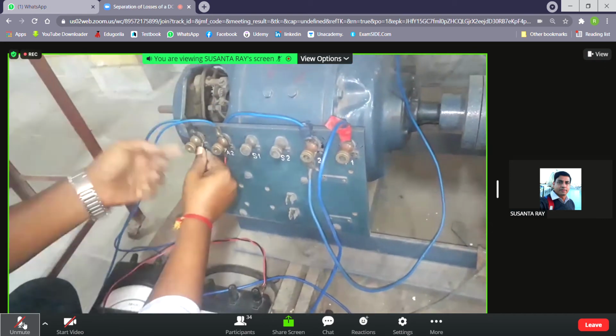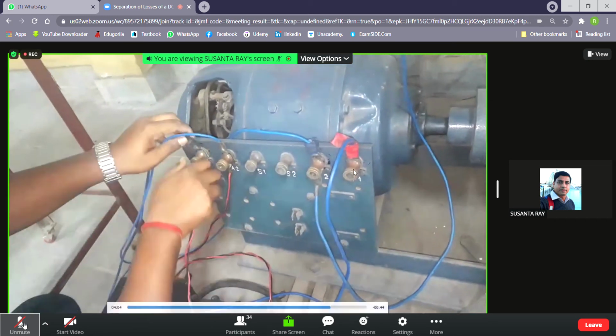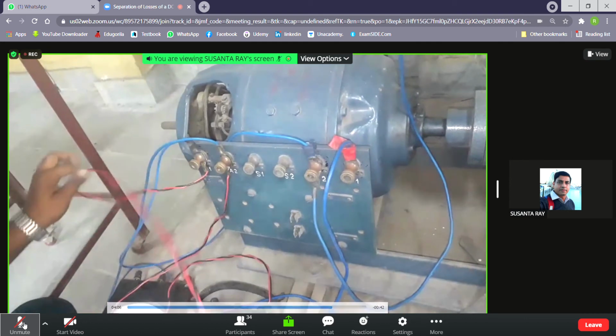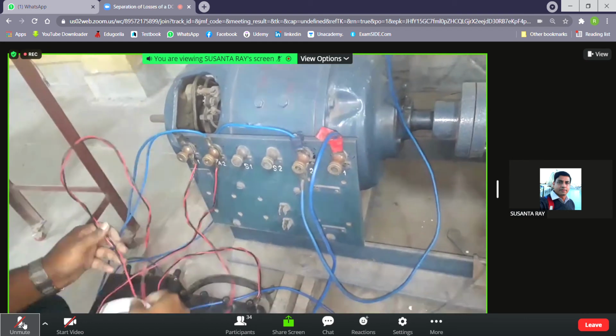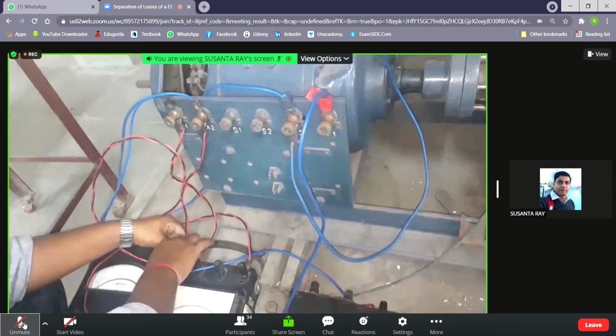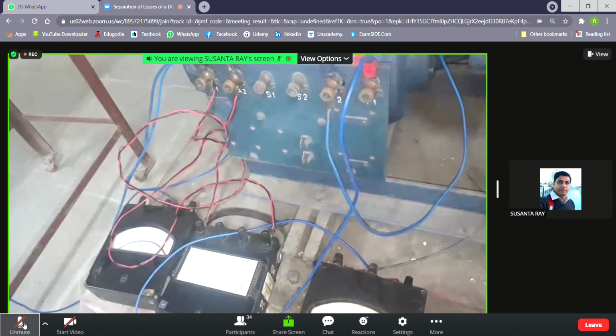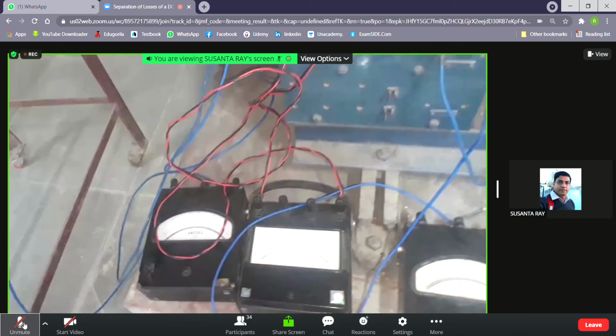Now for the voltmeter connection, he is using a much thinner conductor, because the voltmeter will draw negligible current. So thin conductors are enough for connecting a voltmeter. But the question is, why has he connected this voltmeter at the end?